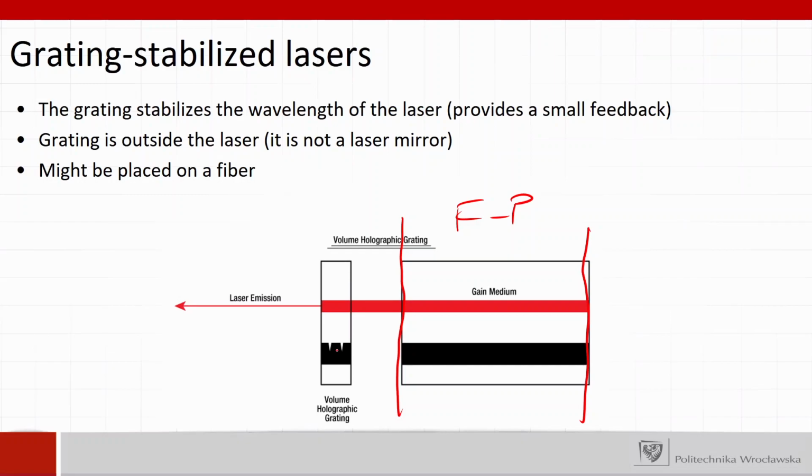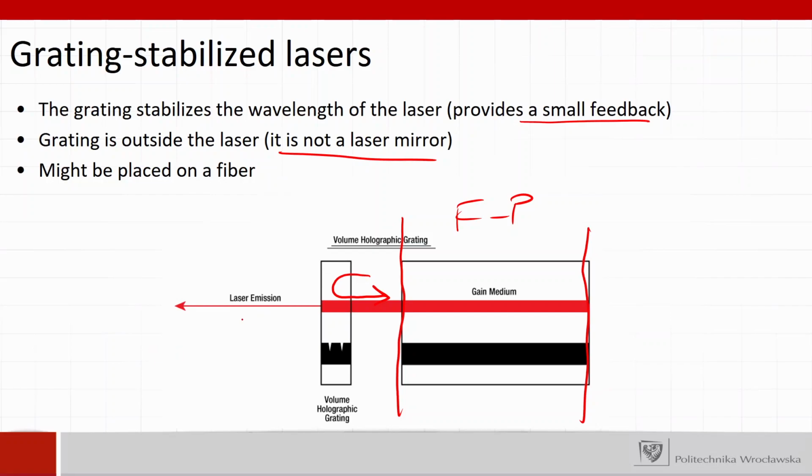What this grating is doing is reflecting a tiny portion of light, which is then injected back to the laser. So it acts as a seed for the stimulated emission. This grating is stabilizing the emission wavelength of the laser. So it is not a laser mirror. It just provides a very small feedback to the laser to stabilize the wavelength.